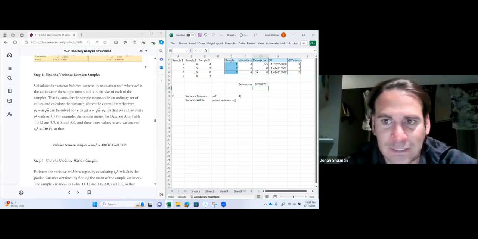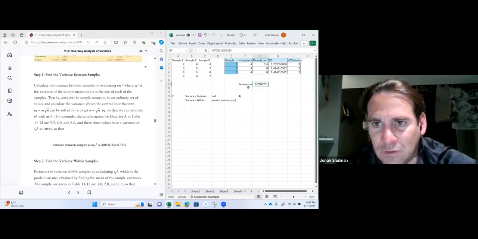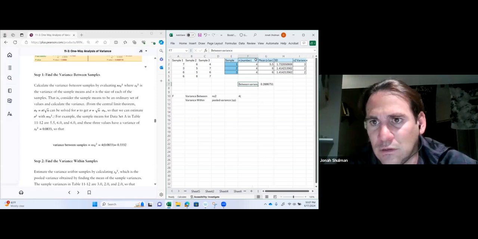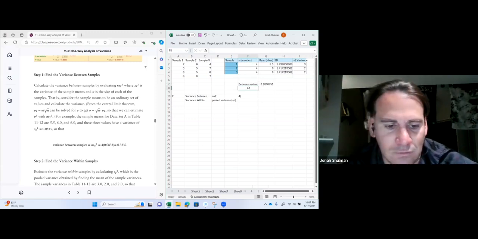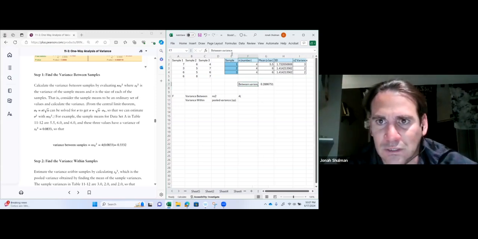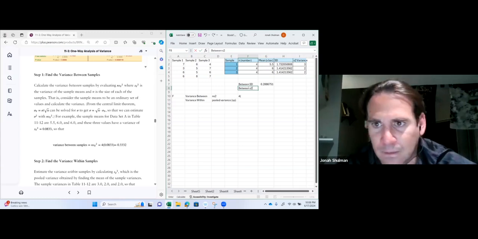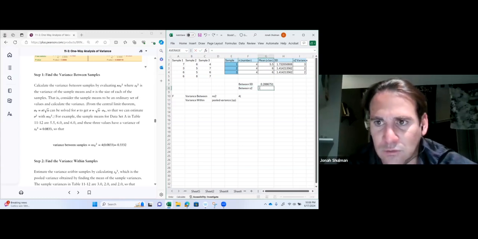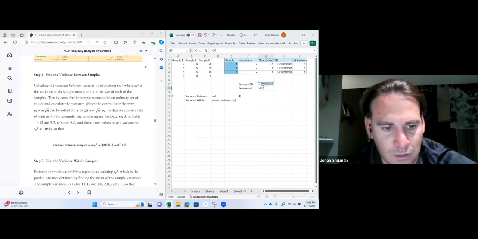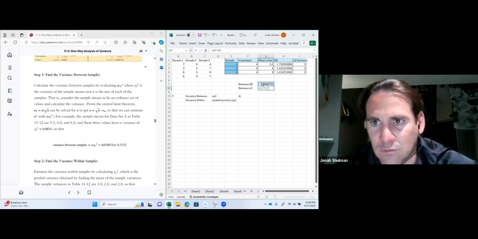There it is. Now that's not the value we get, because this is the between standard deviation. To turn it into variance, all we have to do is square it. So the between S squared is just equal to this value squared times itself.